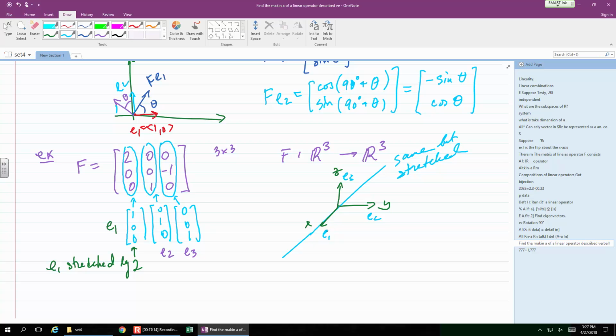So once again, E2 has become E3 and E3 has become negative E2. Okay, what are we talking about here? If you can visualize it in your head or otherwise, if you can draw it, that would be great.